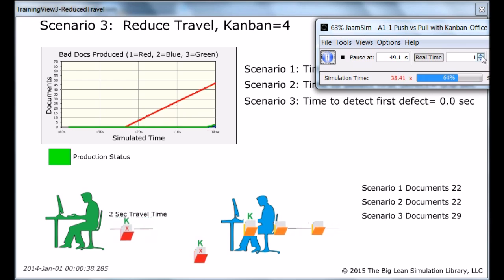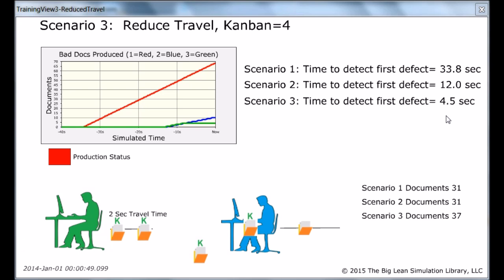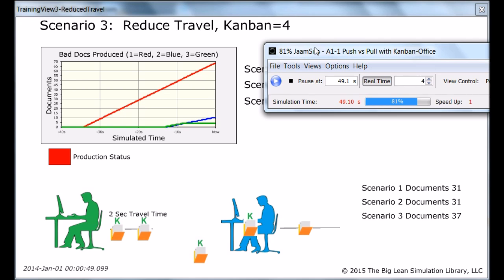And by the way, I can speed this up if I want to. Okay, so you see, now we've got only 4.5 seconds until we detected the first bad one. And it looks like we only made about 4 bad ones total. Maybe 5 in there somewhere. It looks like 4. So a much, much better system for controlling it.